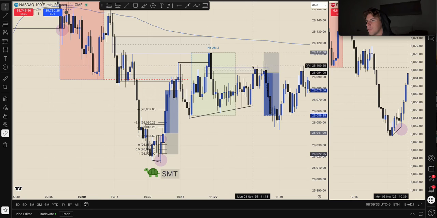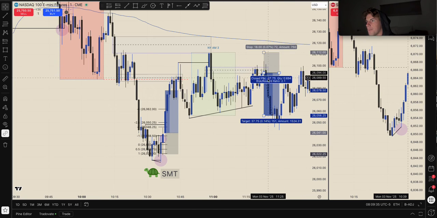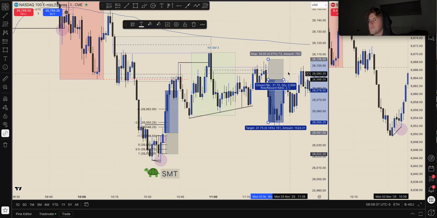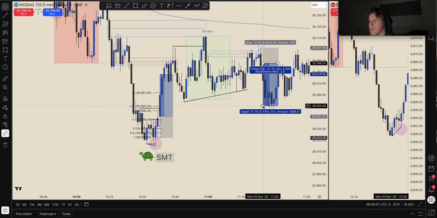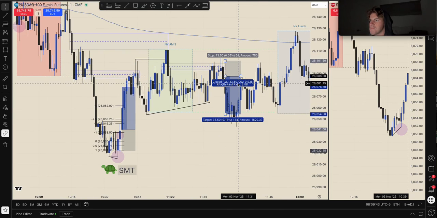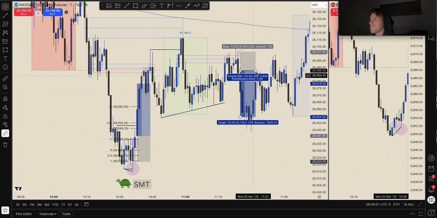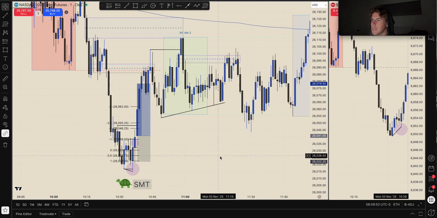You get a rebalance. Look at all these wicks. Bit of a push down, click enter, cover that, aim for them lows. It's just a normal kind of trade. It's nothing special.